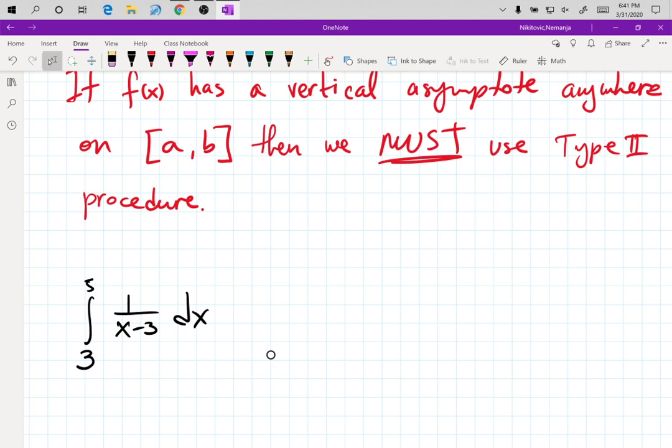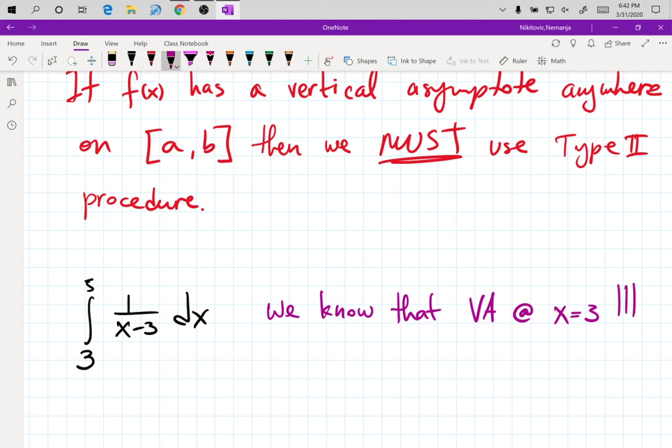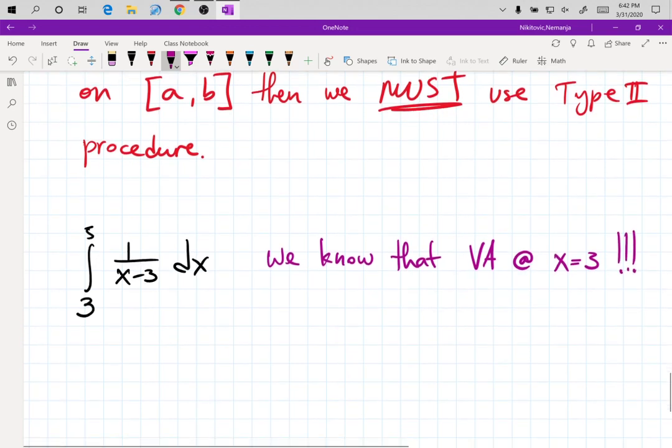Now, we know that the vertical asymptote is at x equals 3. And that is a problem, right? So we are going to start with the limit.